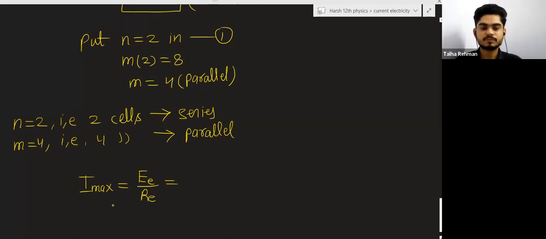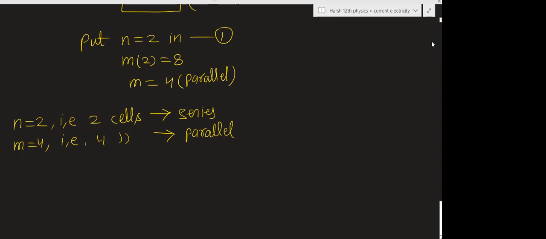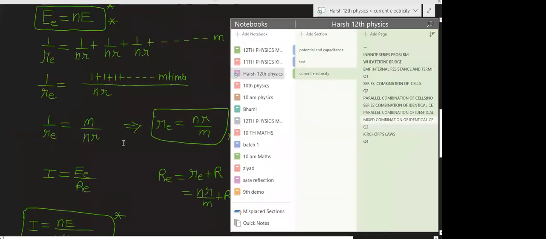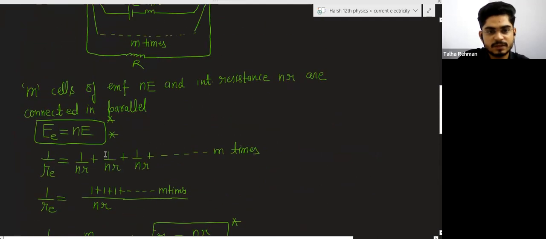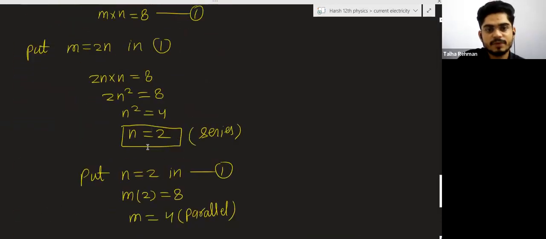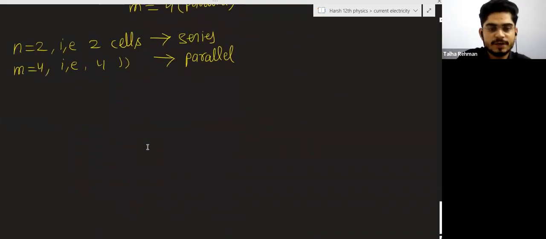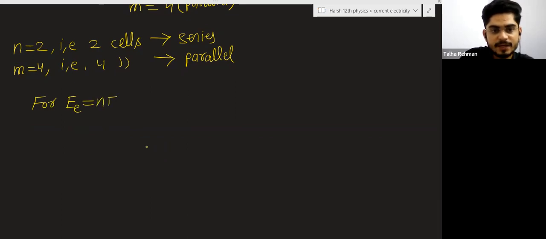For the equivalent EMF, for the mixed combination, we have the formula NE. What is N? N is 8. E is 2. Means 16 volt is the equivalent EMF.